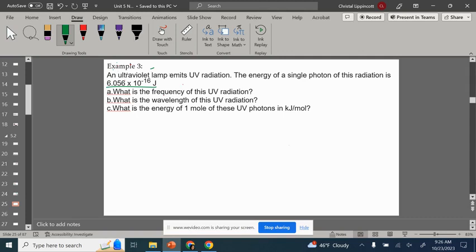This is another conversion factor you need to have in your wallet of different conversion factors. 1 mole equals 6.02 times 10 to the 23rd anything. It doesn't matter. It's just like a dozen. It could be a dozen paper clips or a dozen donuts. It is a counting unit. In this case, it's going to be photons.